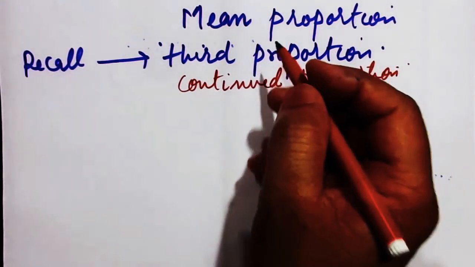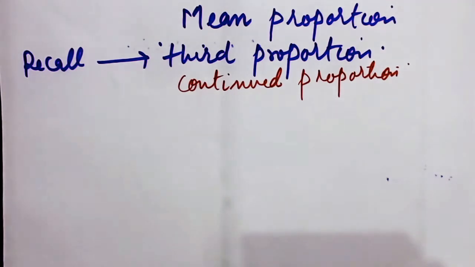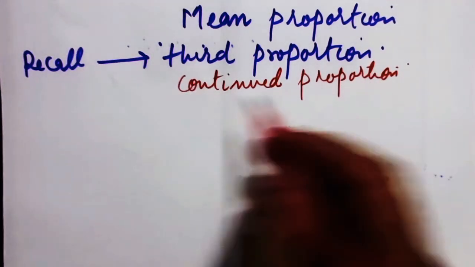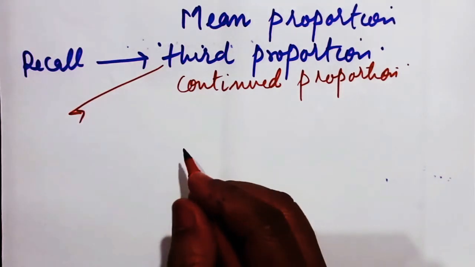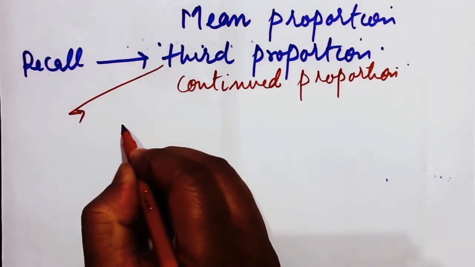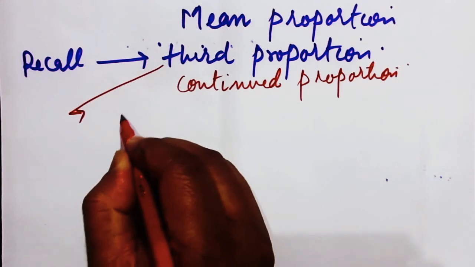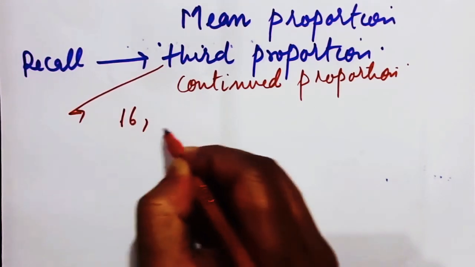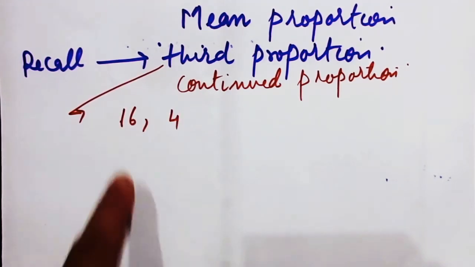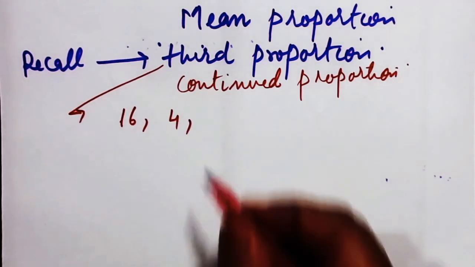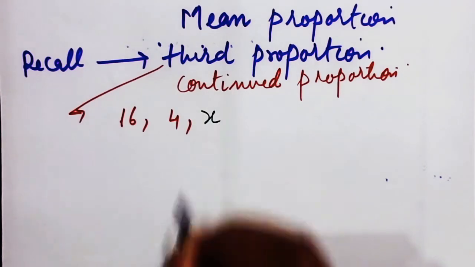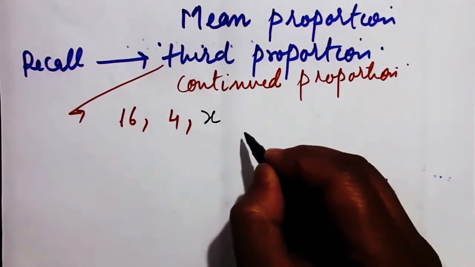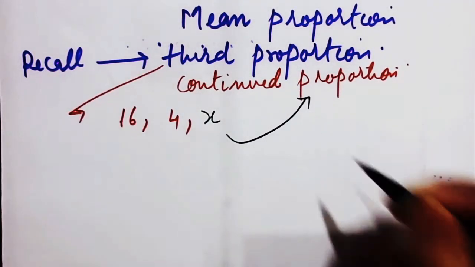And in third proportion, we studied that when two numbers are in ratio, like 16 and 4, and you need to find a third proportion, x, then we apply continued proportion.